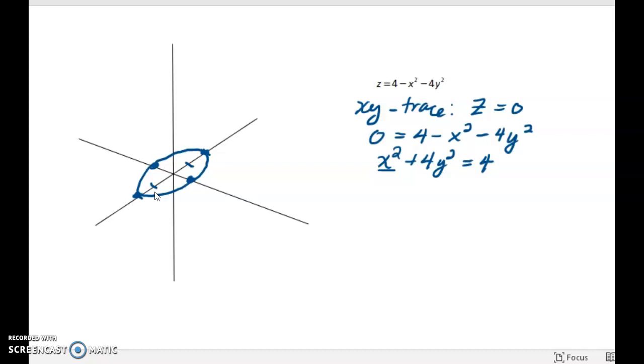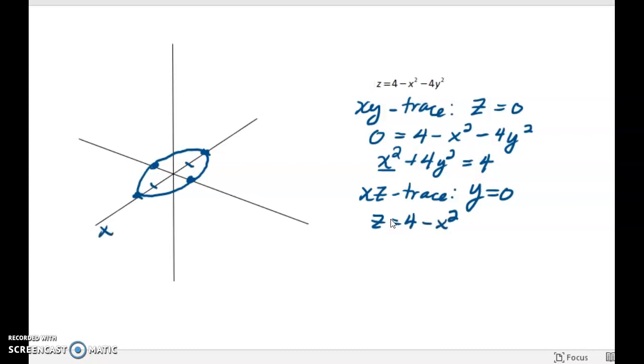So let's look at some of the other traces. Let's look at the xz trace. That's defined by y equals 0. When I let y equal 0, I get z equals 4 minus x squared, which is a parabola.